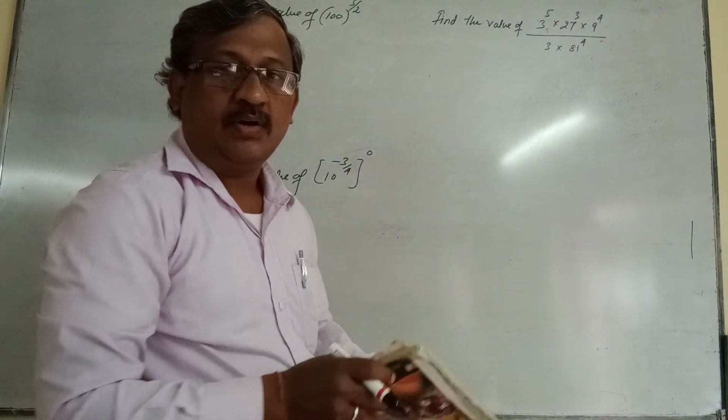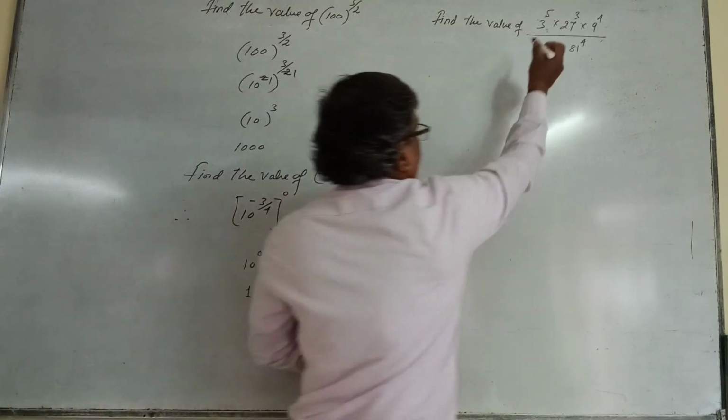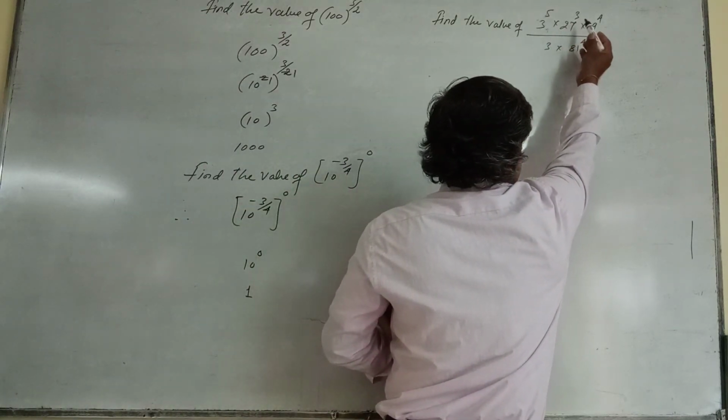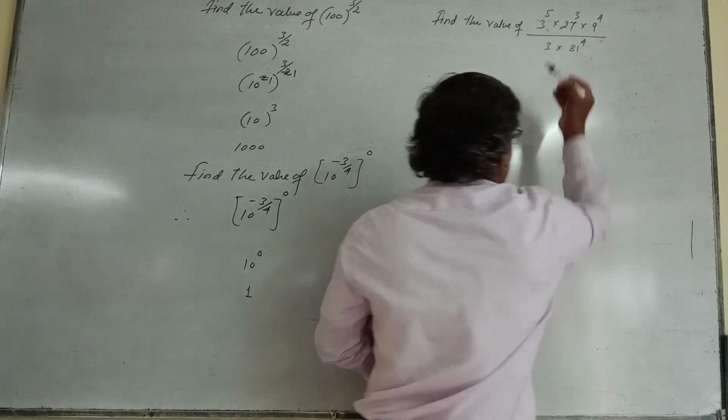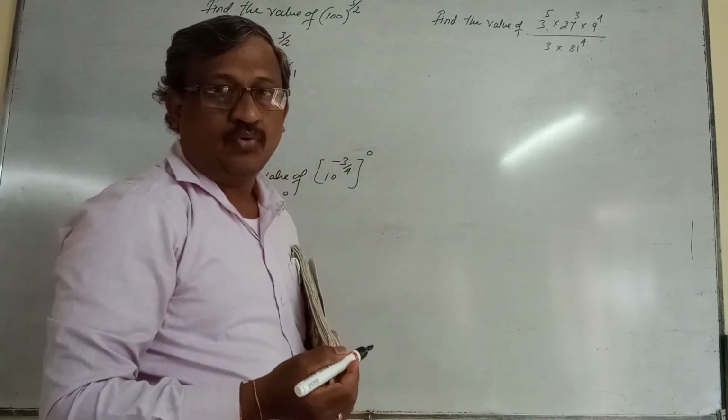So we have to find out the value of 3 raised to 5 into 27 raised to 3 into 9 raised to 4 divided by 3 into 81 raised to 4, right?